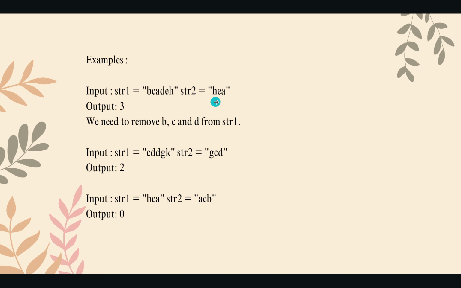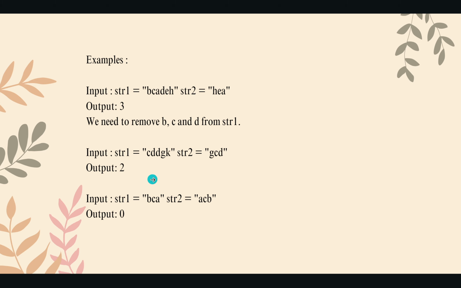The common characters in these two are H, E, A. The different elements which are not common are B, C, D. Now you should remove the B, C, D characters from str1 in order to make them anagrams. So the minimum number of characters removed is 3.